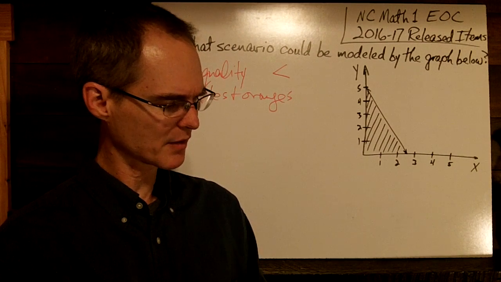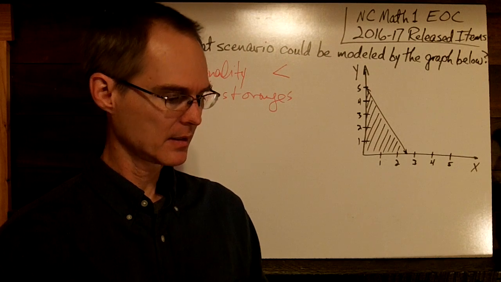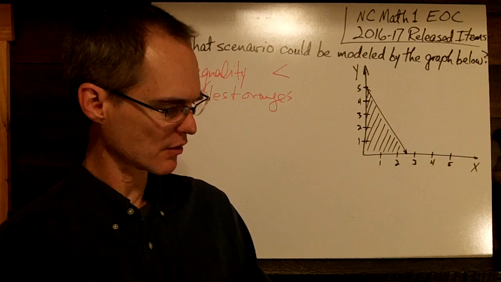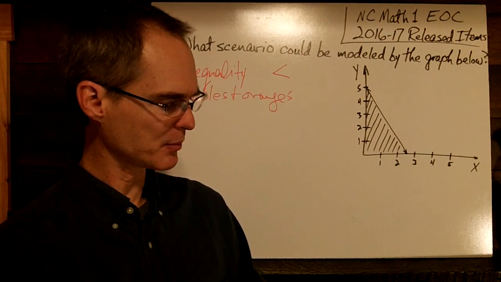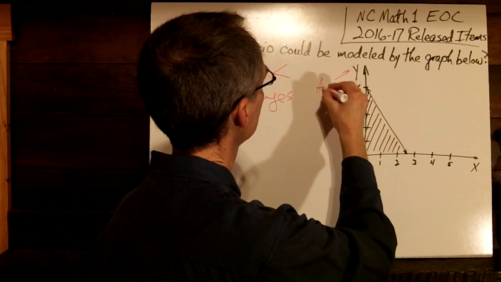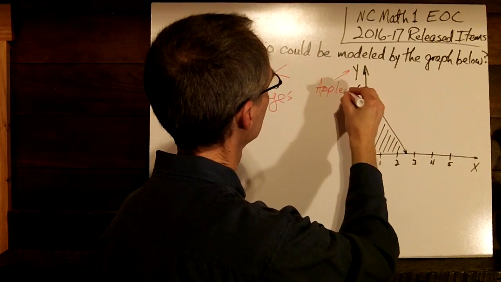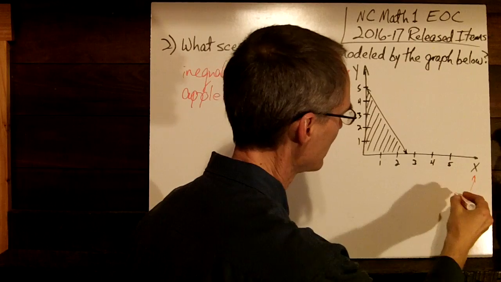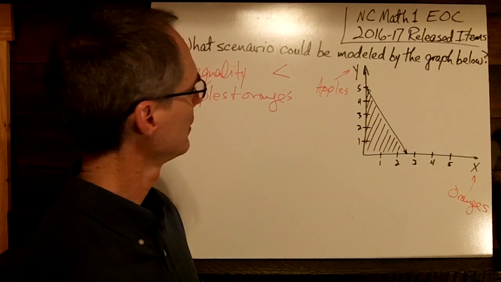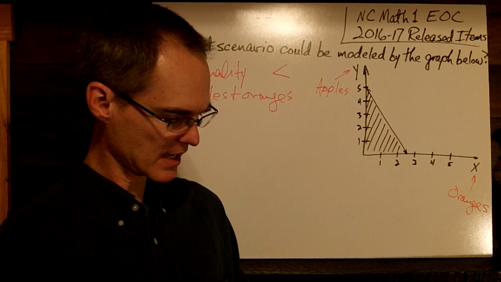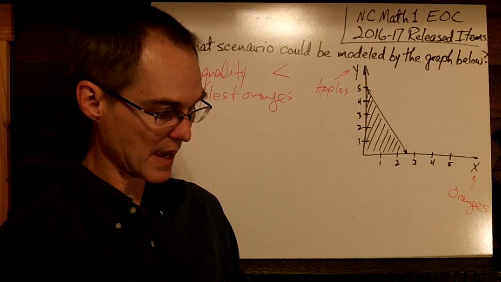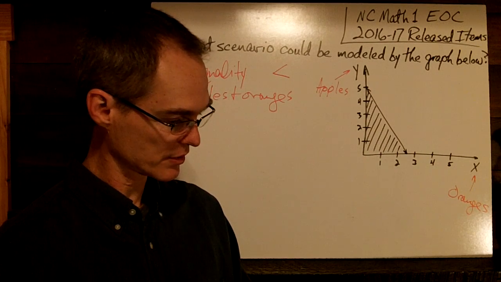Answer choice B says the number of pounds of apples, y, minus half the number of pounds of oranges, x, is at most 5. So in all of them, y is the pounds of apples and x is the pounds of oranges. I'll write that on my graph here.